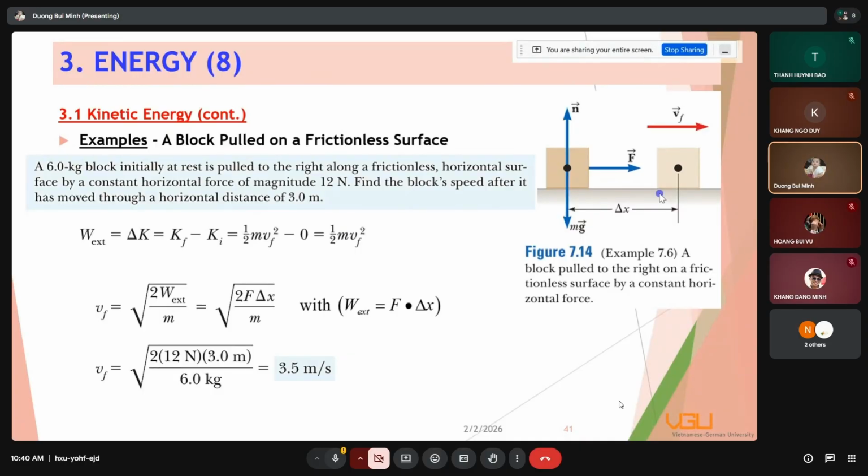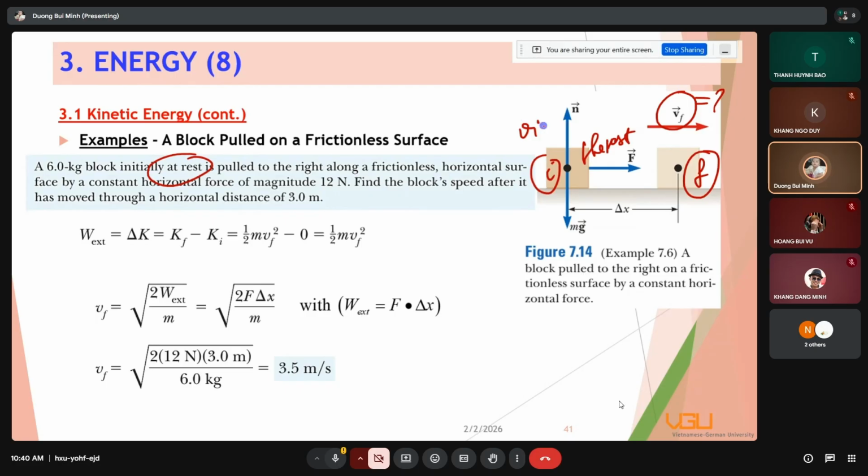Example. We would like to calculate Vf. Vf how many? Okay, this is initial position. This is final position. At this initial position, we have Vi. And this is the rest, right?